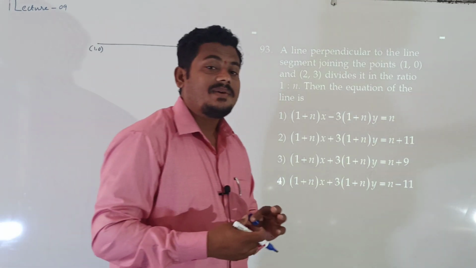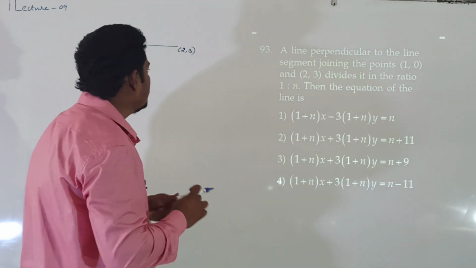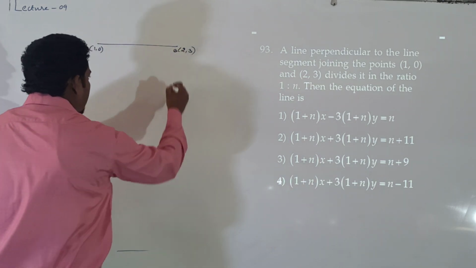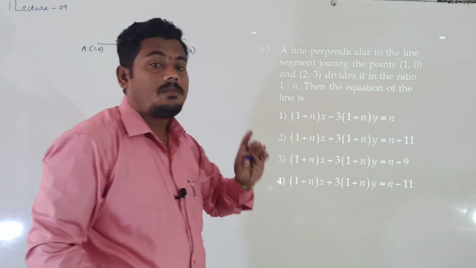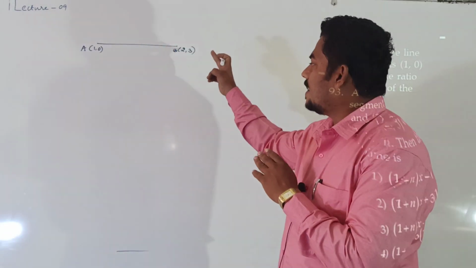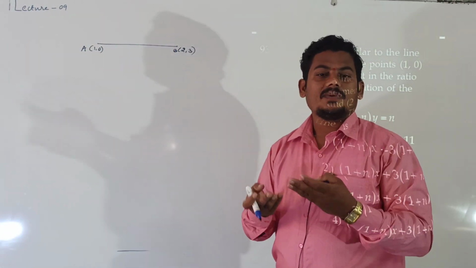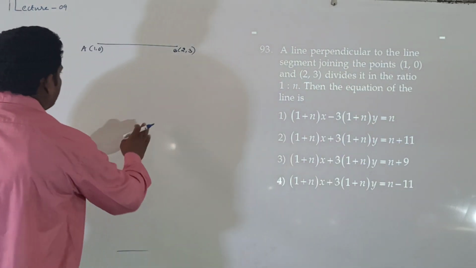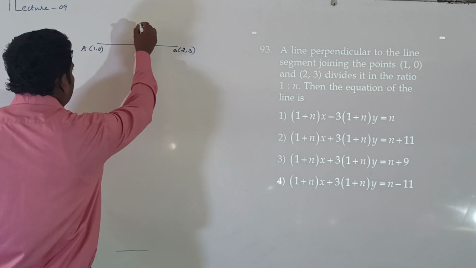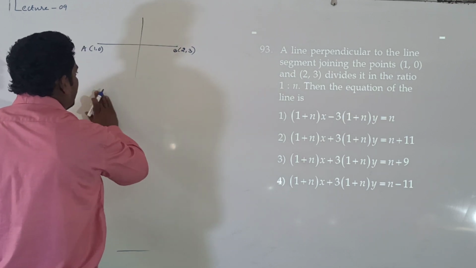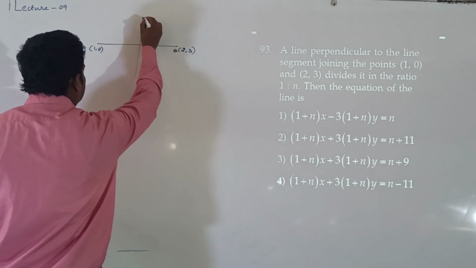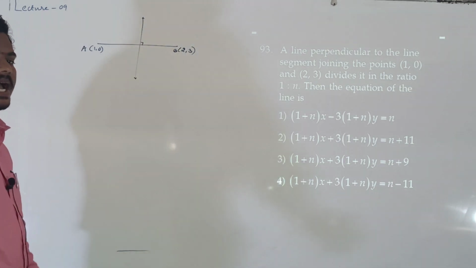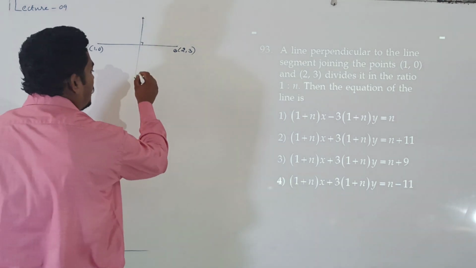Our required line is perpendicular to the line joining these 2 points, let me take it as AB. This is our required line. It is perpendicular and it divides AB in the ratio of 1:n.